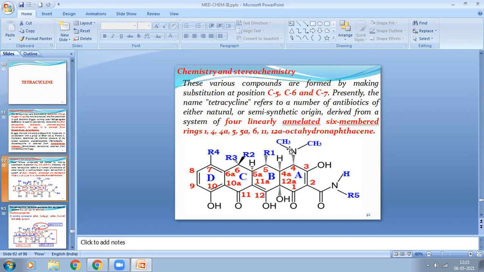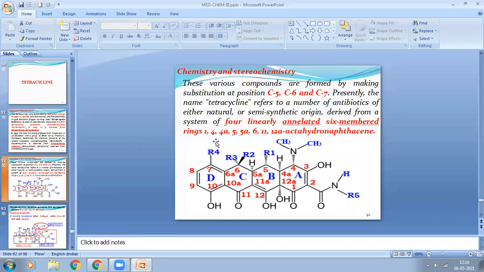Both consist of linearly annulated six-membered rings, that is 1, 4, 4a, 5, 5a, 6, 11, 12a-octahydronaphthacene. As I already told, the semi-synthetic tetracyclines were obtained from chlortetracycline in 1953.